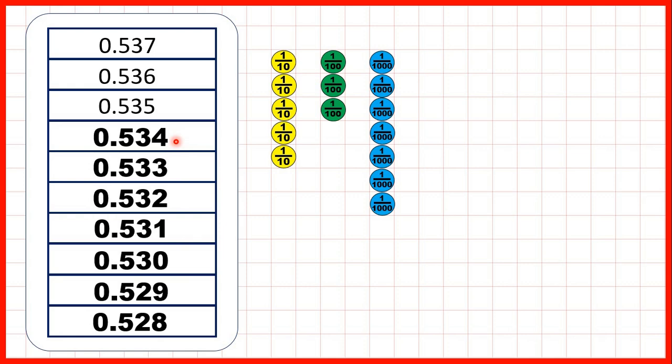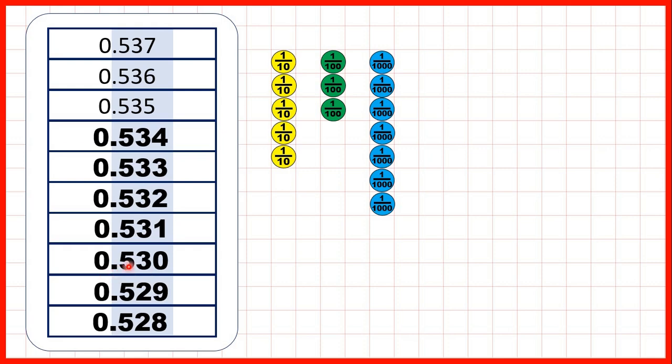Well, if we show them, we can see that counting back in thousandths is similar to counting back in ones. The only value that we need to change is 0.530, because we don't usually write zeros on the end of decimal numbers.